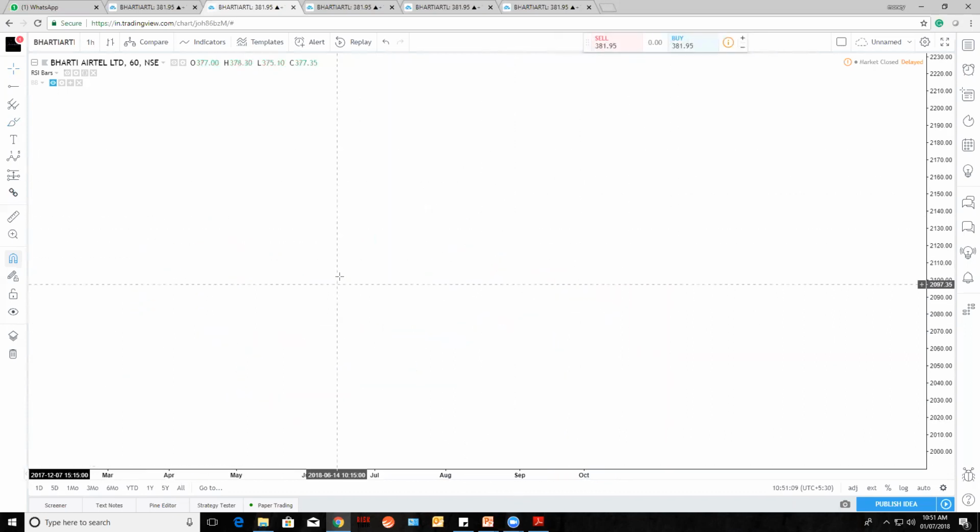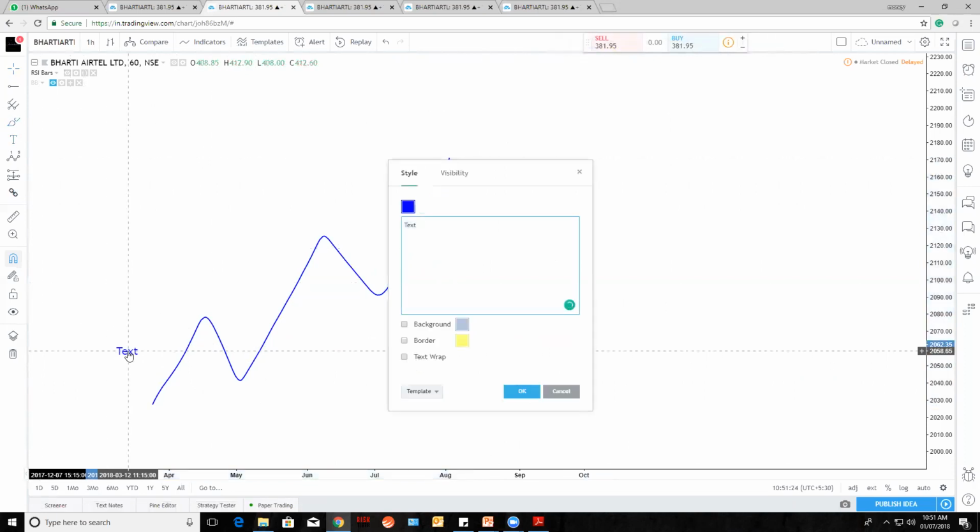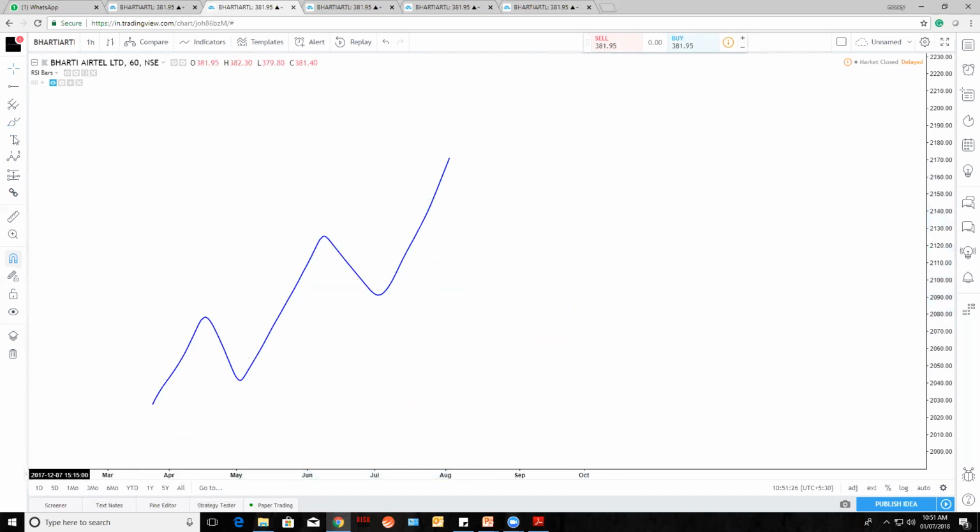So there is a second rule. They say that wave 3 cannot be the shortest. There are three waves here, that is wave 1, wave 3 and wave 5. This is wave 1, this is wave 2, this is wave 3.